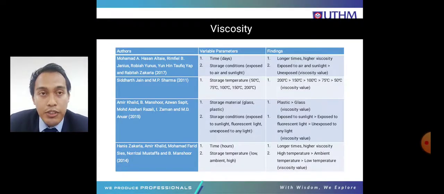So in terms of viscosity, some of the studies show that higher temperature storage and exposure to light, sunlight or fluorescent light, affect the viscosity value of the sample.